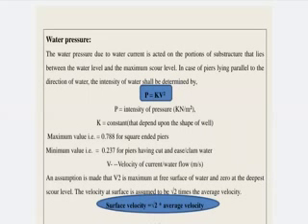V is nothing but the velocity of current water or flow of water in meter per second. The assumption is made that V is maximum at the free surface. V square is maximum at the free surface of water and zero at the deepest scour level. Why?